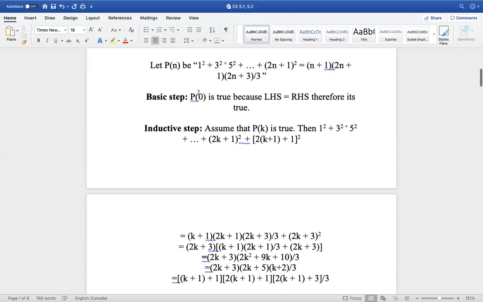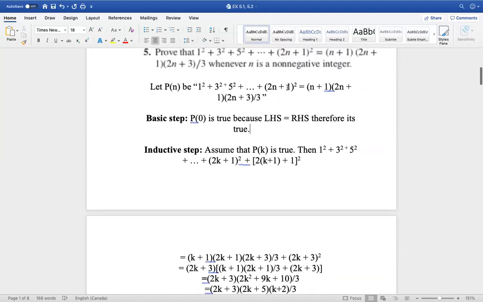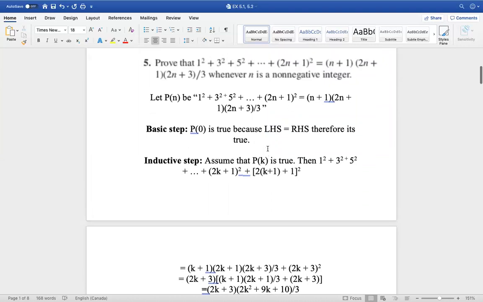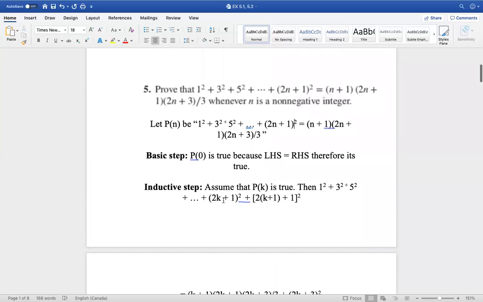Now in the inductive step, we assume that this n is basically k, and then we have to define one step further, right? So it's until 2n plus 1, but then we have to define one step further here.